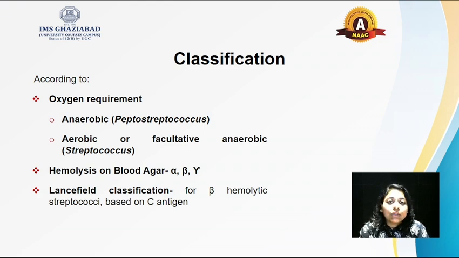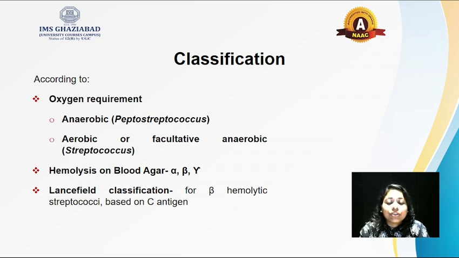Next category for the classification is hemolysis. What is hemolysis? It is the breakdown of red blood cells, which is shown when they are cultured on blood agar plates. On that basis it is classified as alpha hemolytic, beta hemolytic or gamma hemolytic. We will explain it in more detail in the next slides.